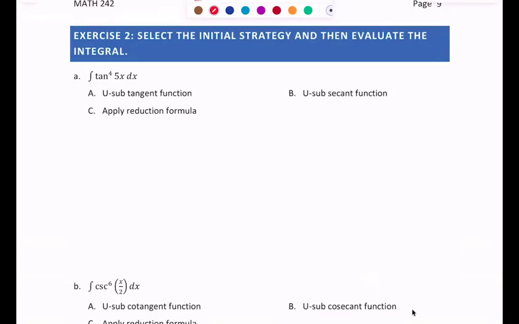So it's either tangent sub or secant sub. Which one will work? Right. So again, you can reason: if you want to use secant sub, there is no secant. And then for du, you need a secant tangent combination. So the numbers don't work out, right? So yeah, we actually use tangent sub.